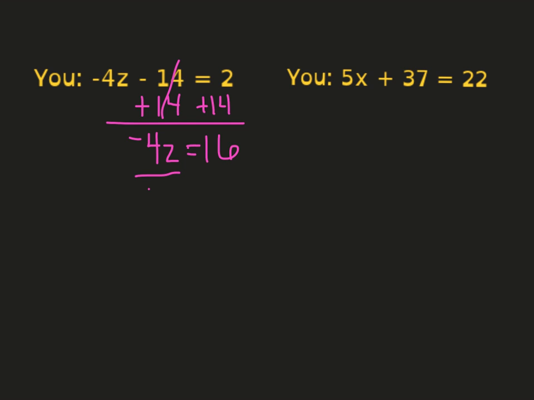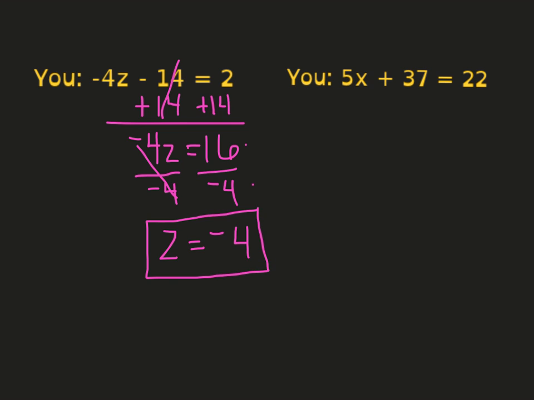Divide both sides by negative 4. Z equals positive 16 divided by negative 4, so my signs are different, so the sign in my answer is going to be negative. So the answer to that is negative 4. If you didn't get that, go back and see if you can figure out what you did wrong.